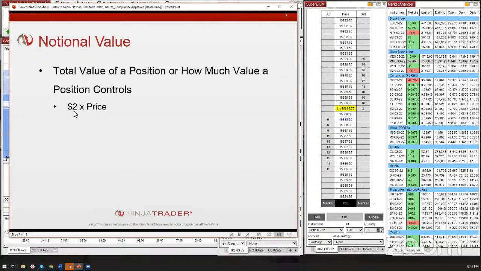If this were the classic NASDAQ, it would be $20 times the price, right? And that notional value changes as the market price changes, for sure. As an example, when I first started this PowerPoint, price was at 16,330. You multiply those two things together, and you get a notional value of $32,606. And that's a lot of notional value, even though it's just called a micro.